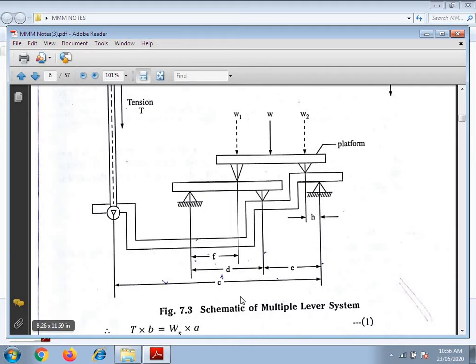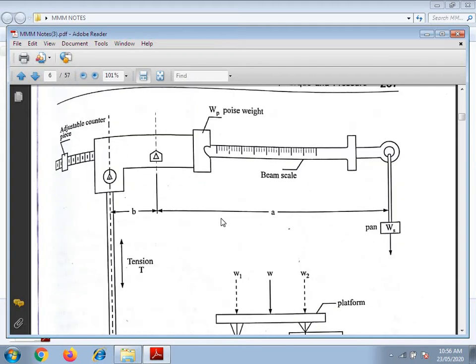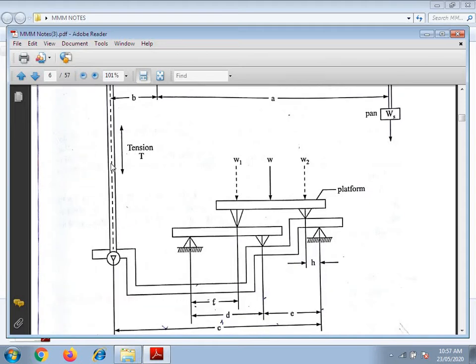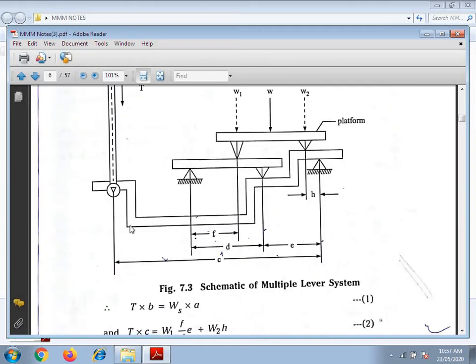This distance we can say, this is the poise weight, beam scale, adjustable pointer is there, and say this distance is A and this is B. Tensile, then levers.